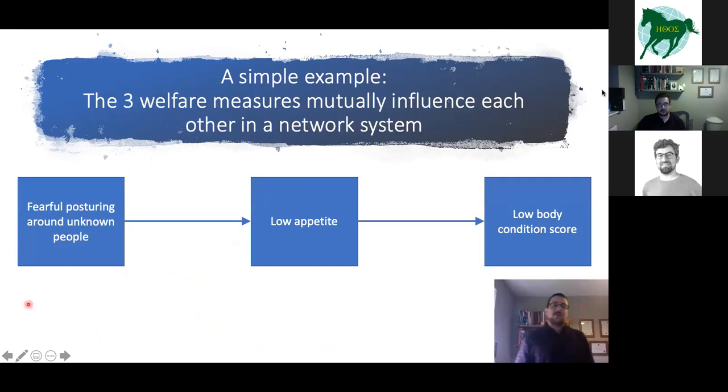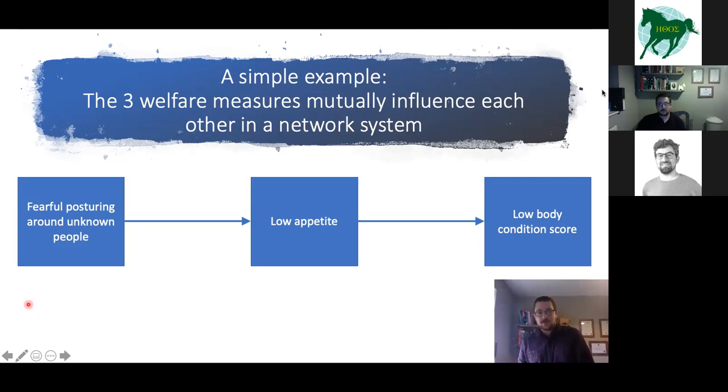The network approach would say we don't necessarily need the latent variable, we don't need to assume it exists. Instead, what if these variables directly interact with each other? This would say that if an animal shows fearful posturing, this directly causes low appetite, which directly causes low body condition score. At least to me, this makes more intuitive sense.